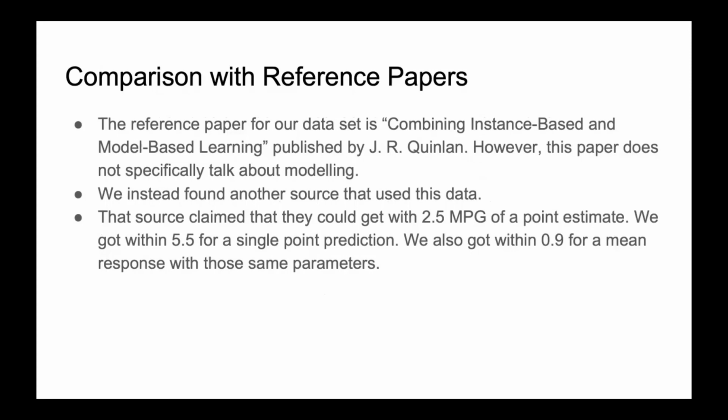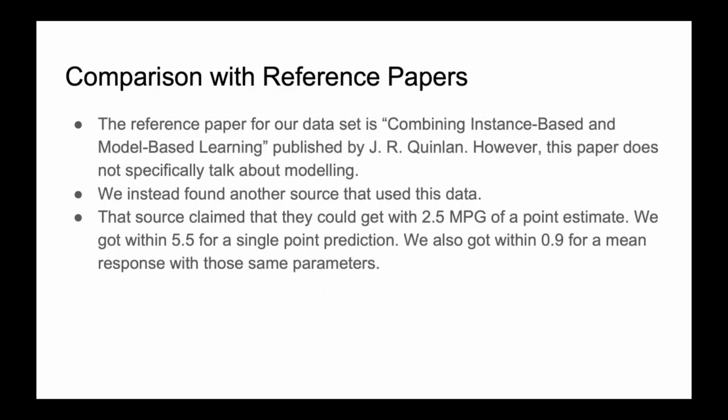So after answering our questions, we want to compare our model with the reference paper. Actually, we got the data from the reference paper, but they did not do modeling on this data. And then we found another paper that used this data. As Katie mentioned before, they apply 4 different machine learning methods.